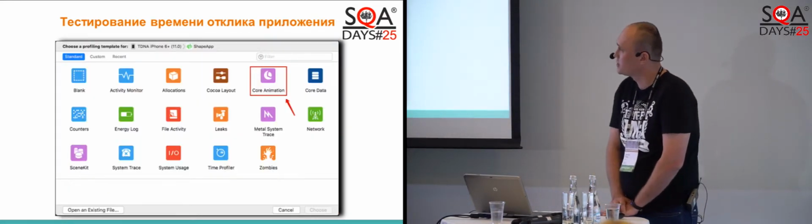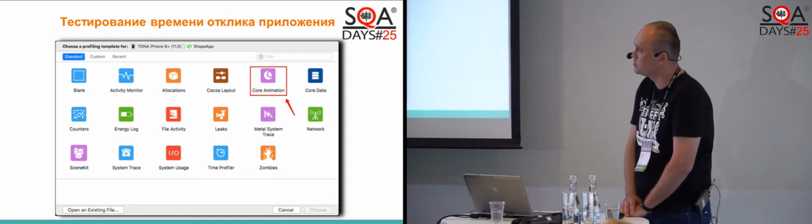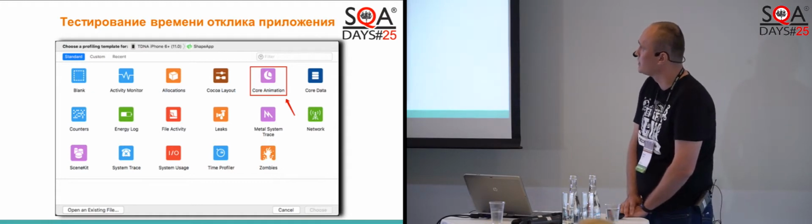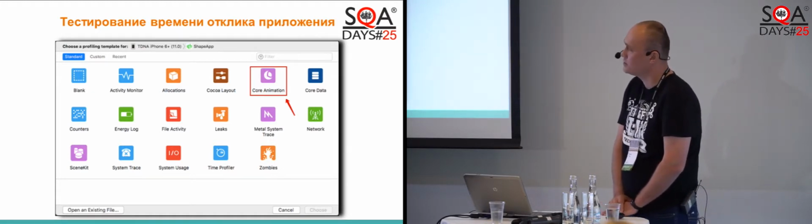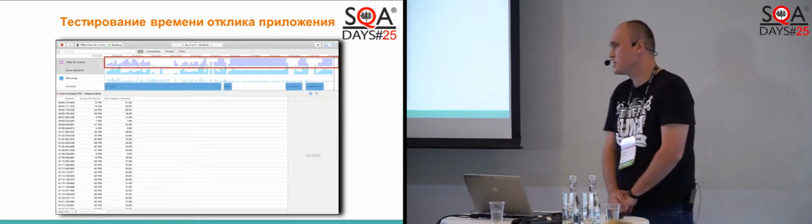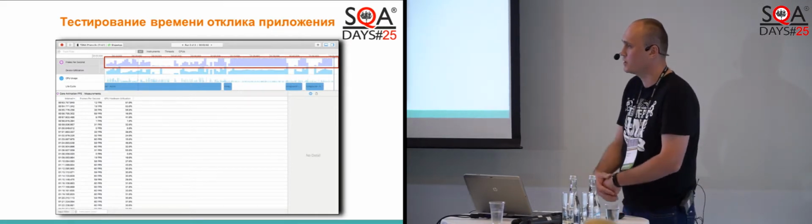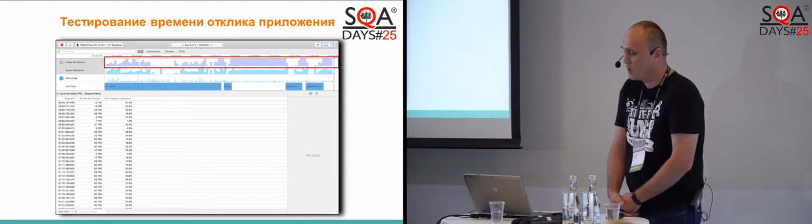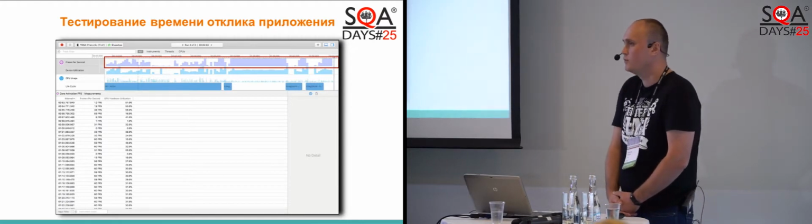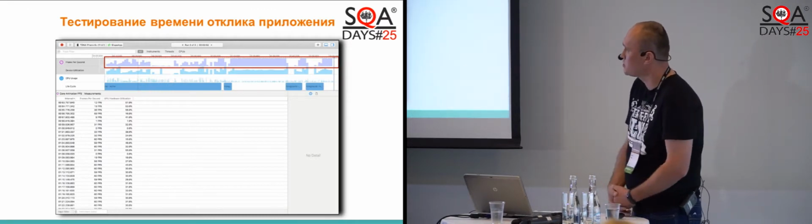In order to test this parameter, we can use this test environment. You just find the instrument, launch it, and then perform a case, run a test case, and make the same verification.